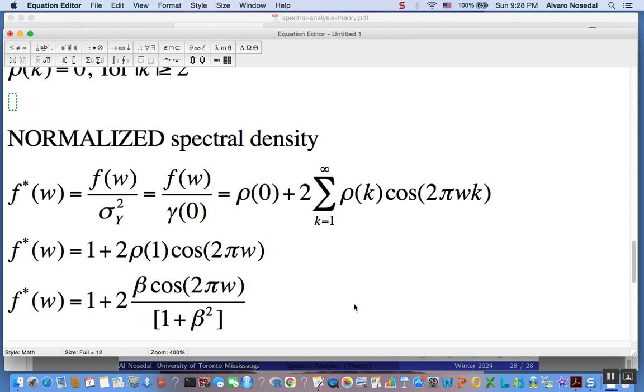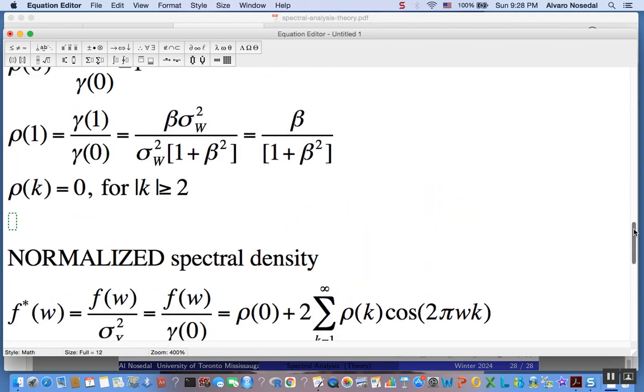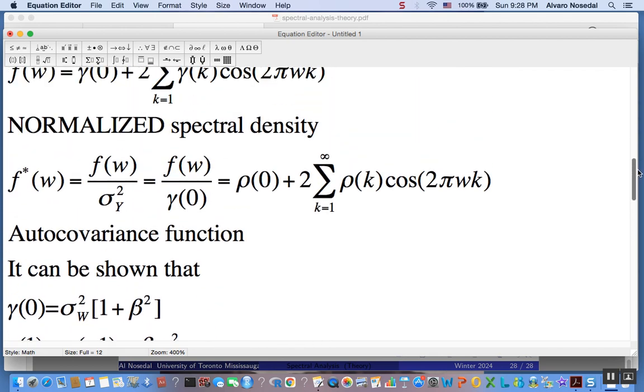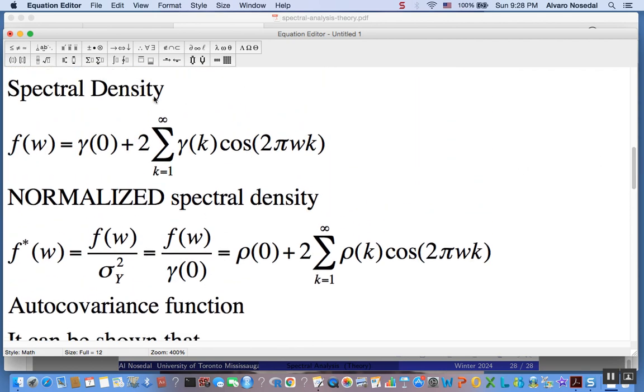As you can see, the only difference between the spectral density and the normalized spectral density is that for the spectral density you use the autocovariance function to calculate it, and for the normalized spectral density you use the autocorrelation function.